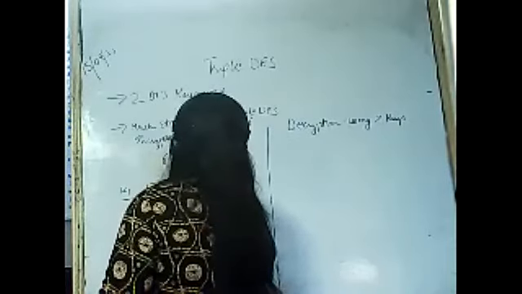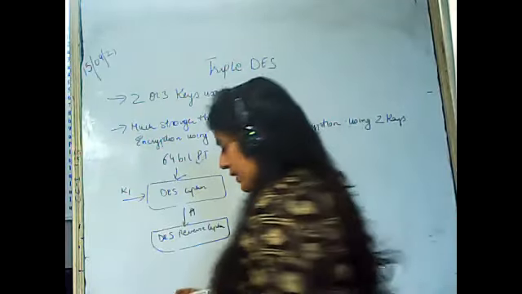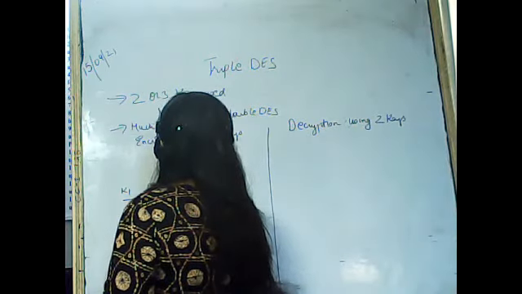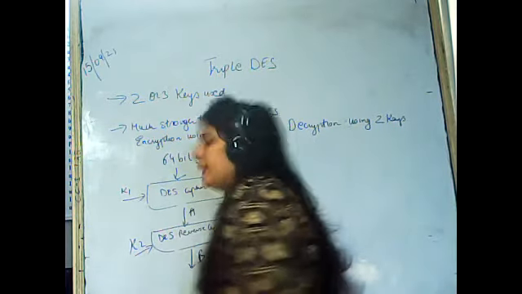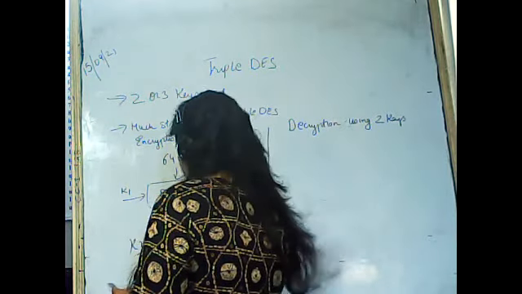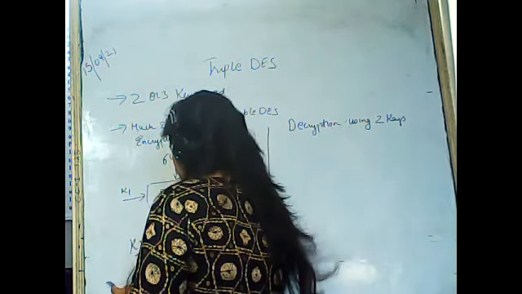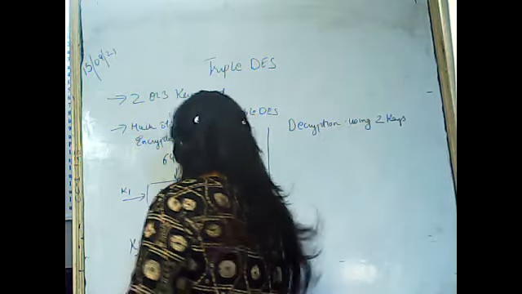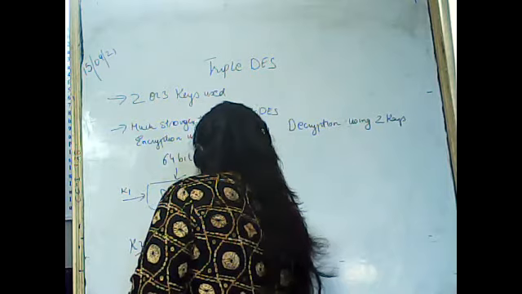We will apply DES reverse cipher by using K2. Again we will get some value like B, and on this B again we will apply the DES cipher using the key 1. And finally, we will be getting the 64-bit cipher text.